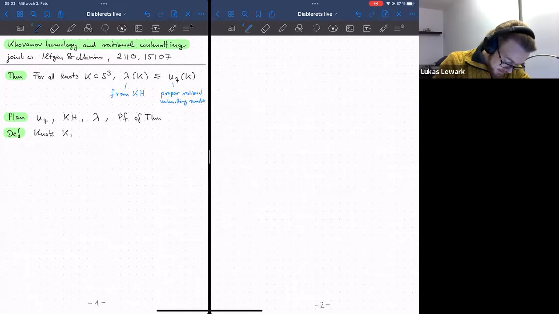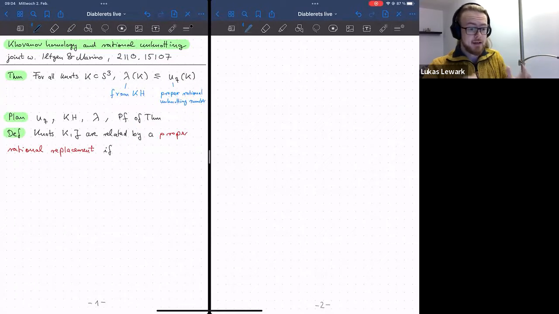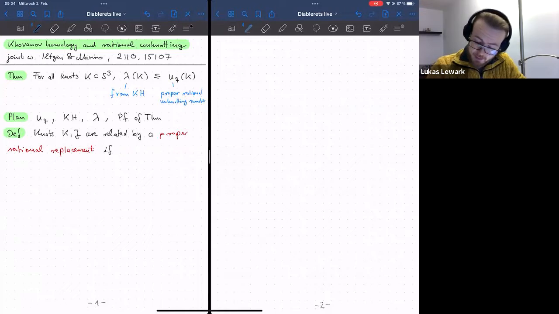When we have two knots K and J, always in the 3-sphere, then we say that they are related by a proper rational replacement if one of them arises from the other by cutting out a rational tangle and replacing it with another rational tangle with the same connectivity.